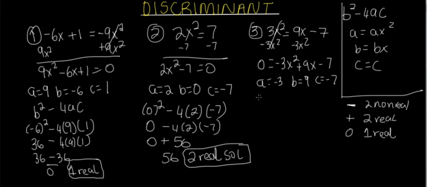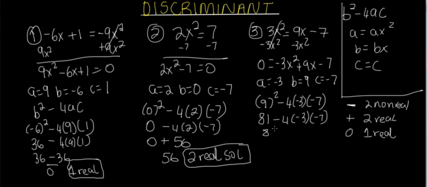So I'm ready now. B squared, so b is 9, minus 4 times a, which is a negative 3, times c, which is a negative 7. So 9 times 9 is 81. Drop these down. 81, multiply these now.